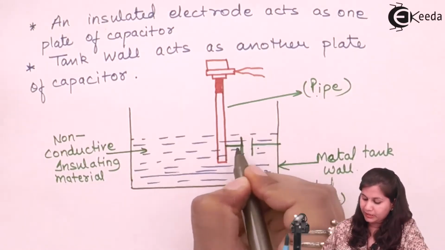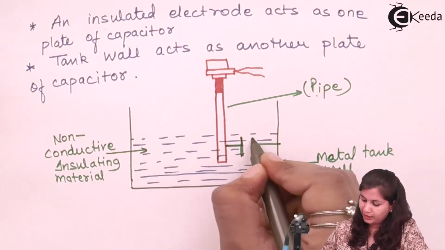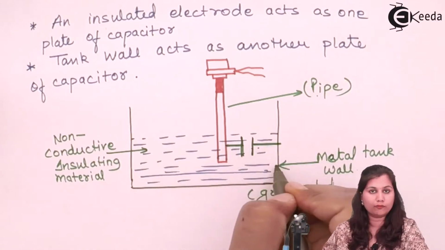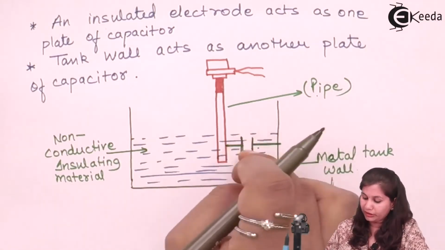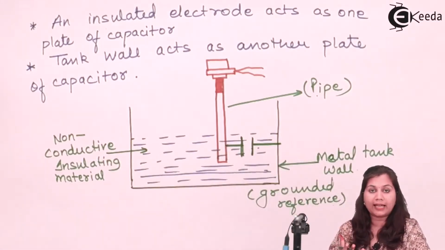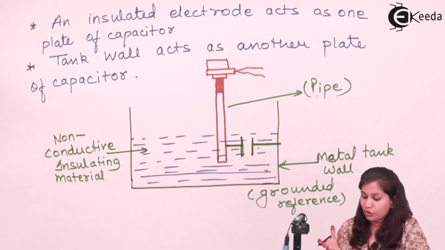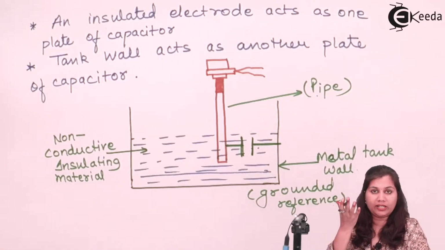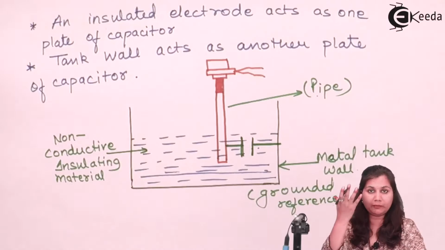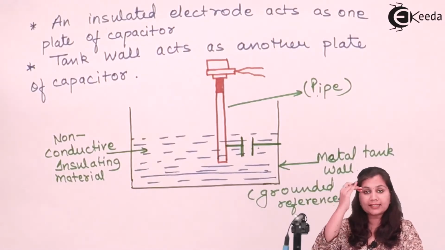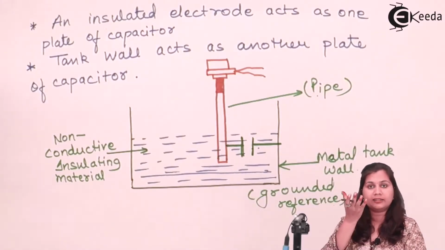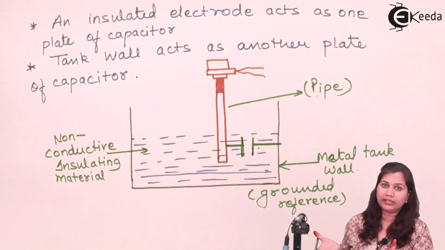One plate is this electrode and another plate is this tank wall, and the liquid is acting as the dielectric medium between the plates of the capacitor. As the level of the liquid is increasing, the dielectric medium is also increasing, and as the level is decreasing, the dielectric medium is also decreasing.